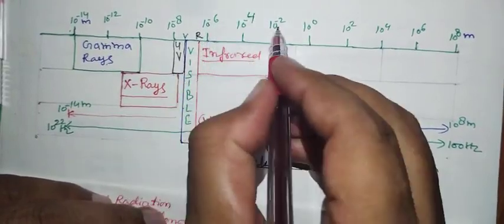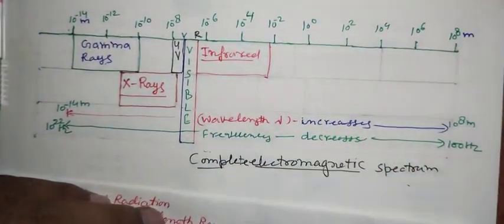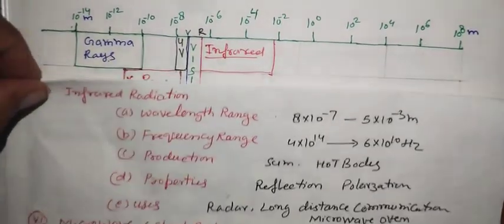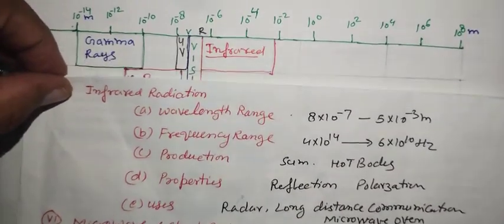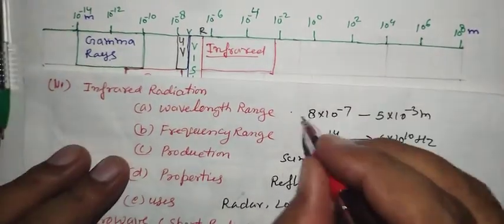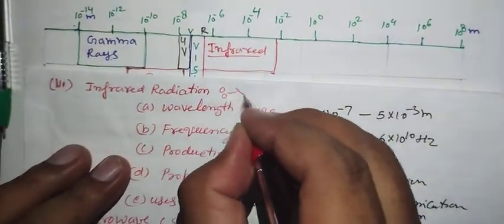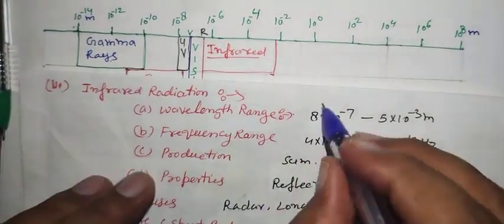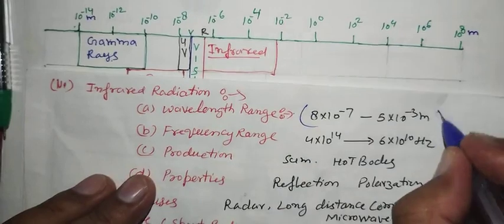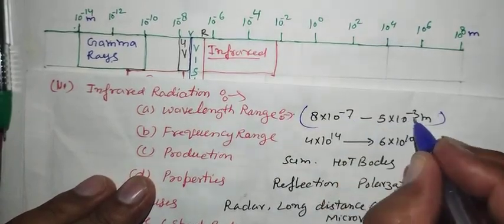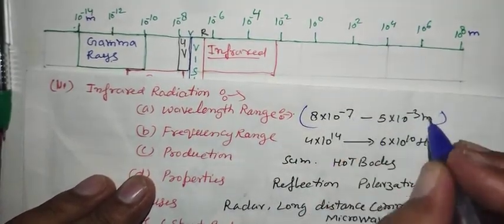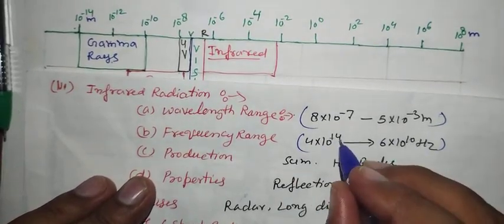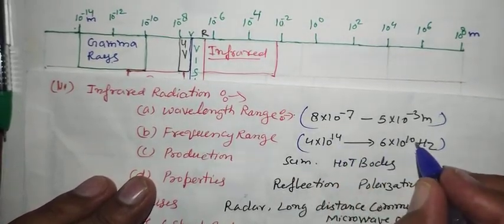See the wavelength range for infrared radiation: it is from 10 to the power minus 7 to minus 3, a large range. Frequency is from 10 to the power 14 to 10 to the power 10 hertz.